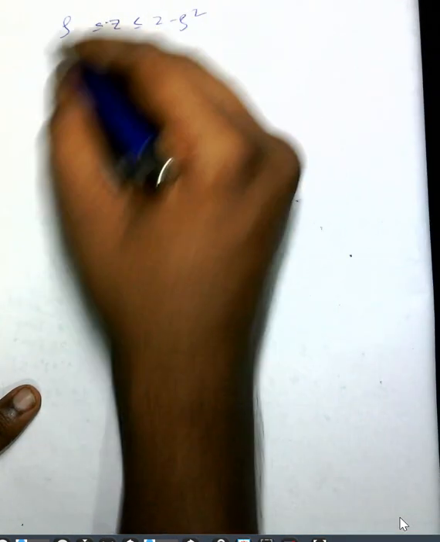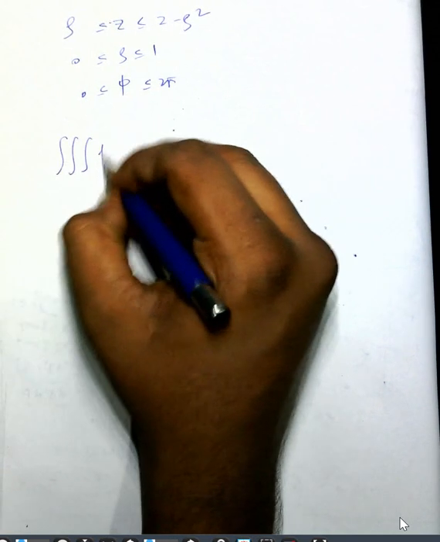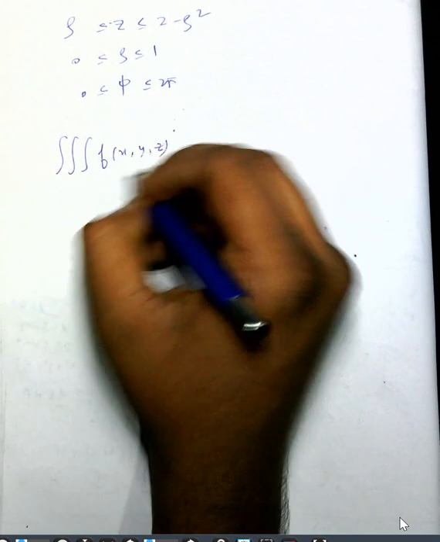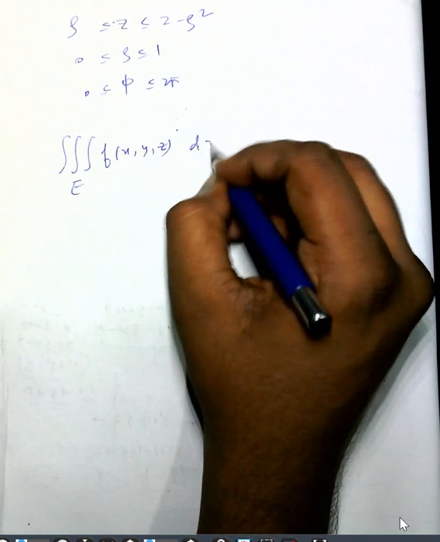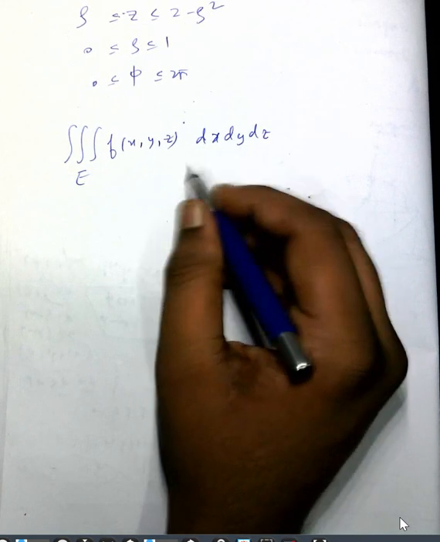So if we want to integrate any function f of x, y, z over the region E, then this is in terms of Cartesian coordinates, or in fact any coordinates.